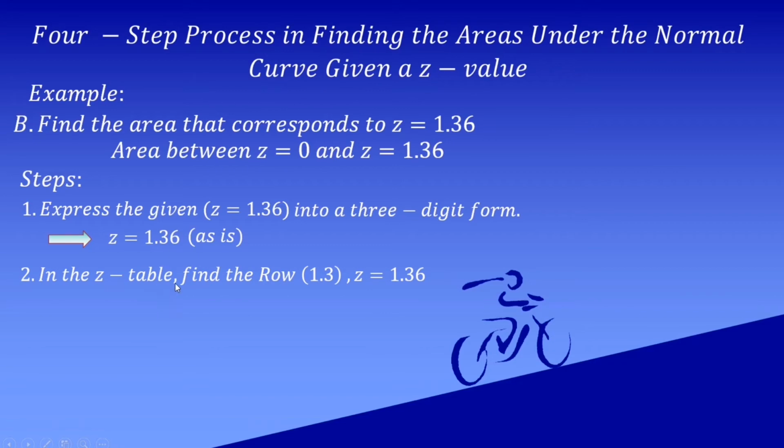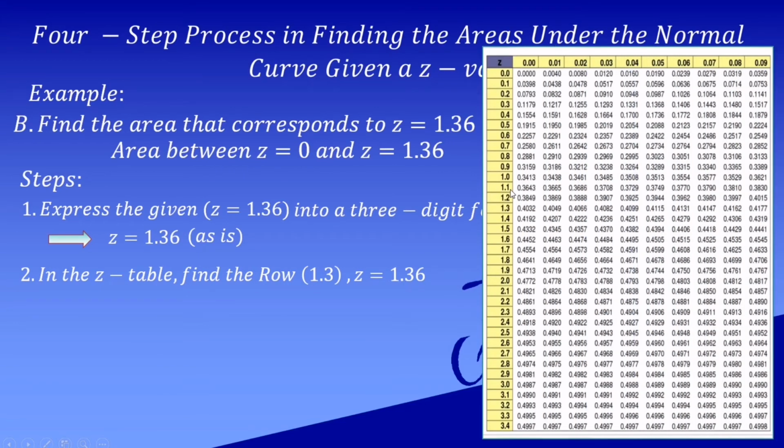Step 2, in the z table, find the row of z equal to 1.36. Our row entry here is 1.3, that is the first two numbers in a three-digit form. Step 3, find the column. The last digit is 6, so we are looking for 0.06 in the column.